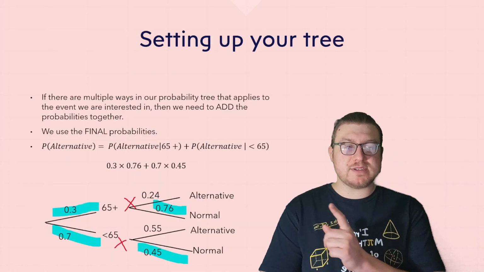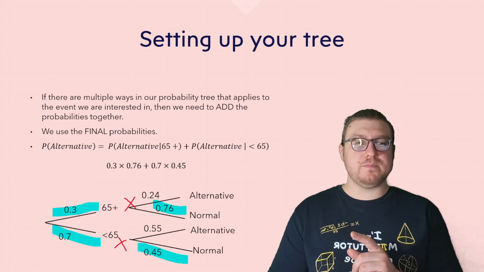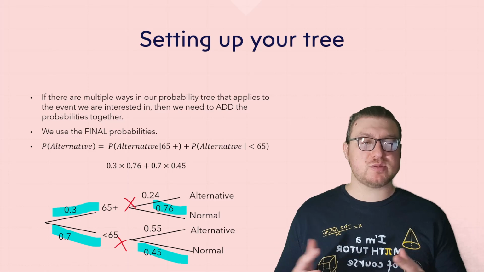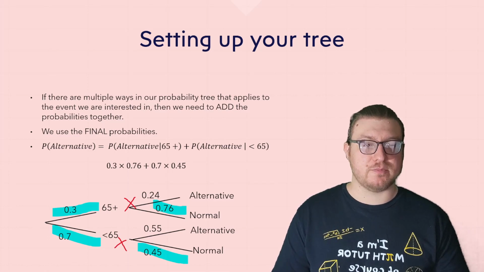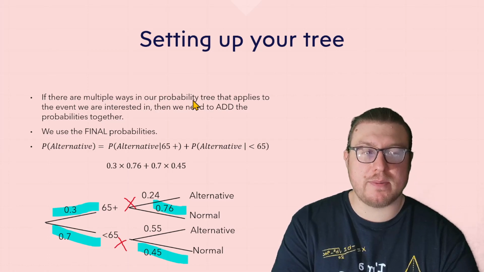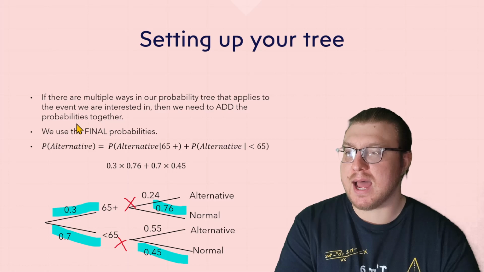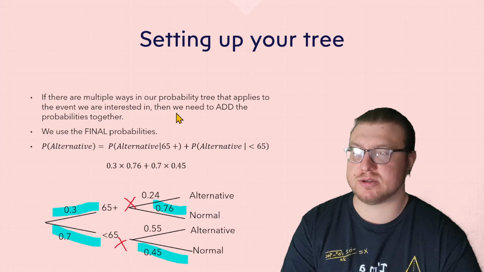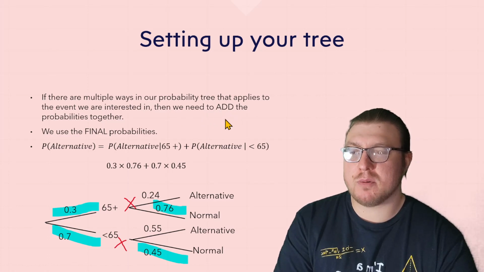Now, if you're setting up the tree, remember at the end you should have all your probabilities. So this will be a 1-step answer for you. Now, if there are multiple ways in your probability tree that apply to the event that we're interested in, so not alternative, then we add the probabilities together.